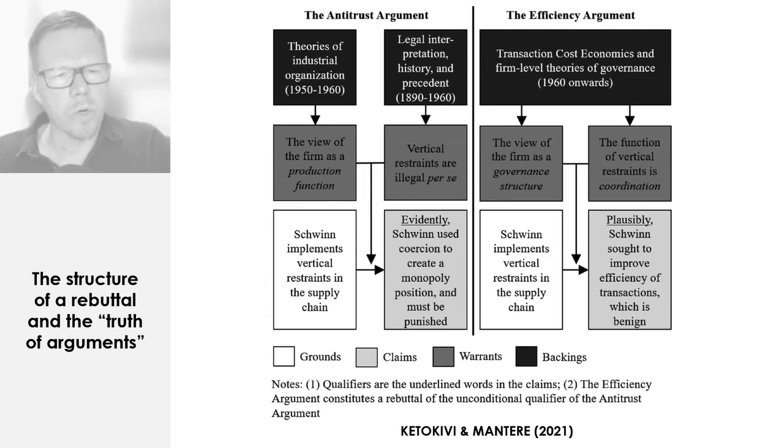How about the warrants? The view of the firm as a production function, is that true or not? Well, again, it seems like a misguided question. Viewing the firm as if it were a production function or a governance structure is a matter of choice. There's really no notion of truth here. How about the claim? Evidently, Schwinn used coercion to create a monopoly position.